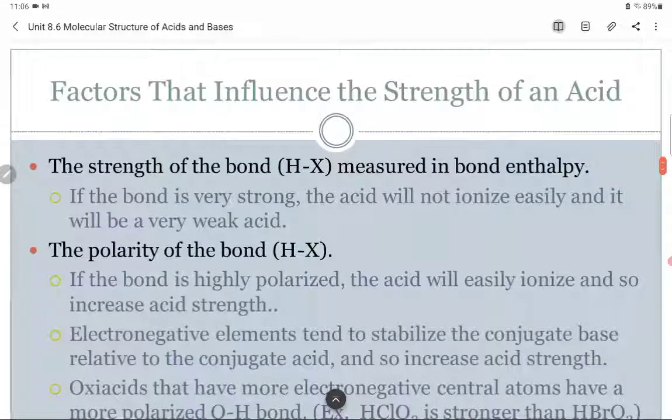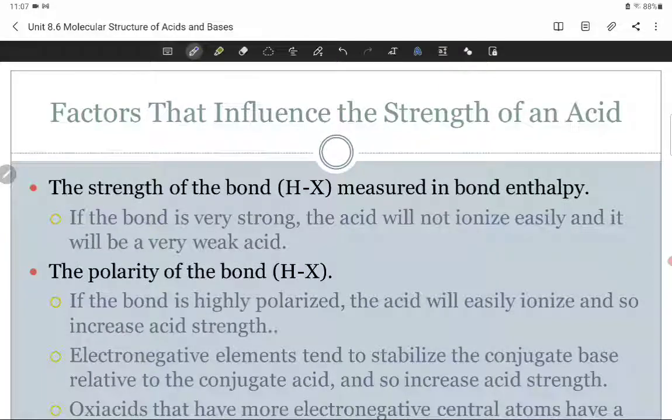Okay, the rest of this is non-mathematical. These are going back to kind of some Lewis dot ideas and some intermolecular force ideas and polarity ideas. So what makes something a strong acid or stronger than another a weak acid, I guess? So there's a couple things.